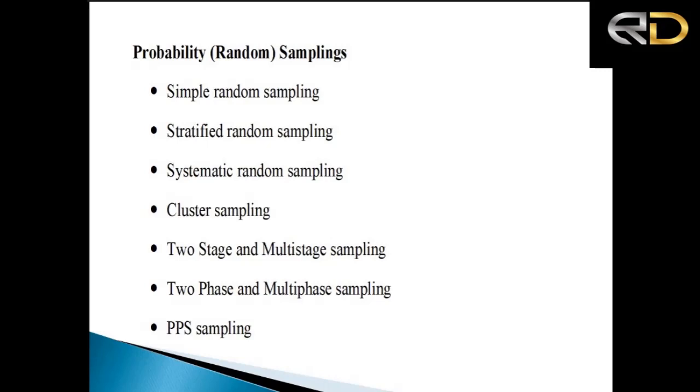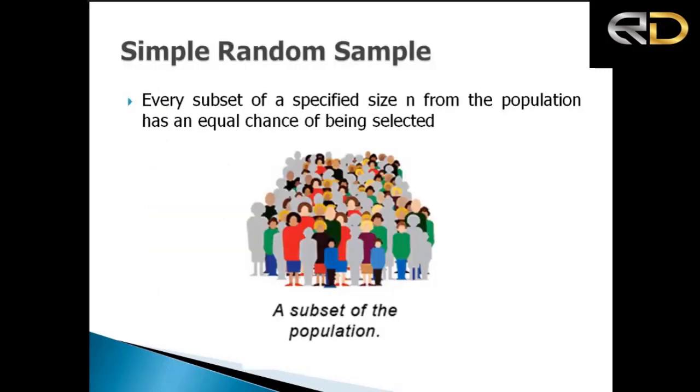So the first one is the simplest one, that is simple random sampling. When is this sampling applied for the estimation of the parameters under consideration? Whenever the population is homogeneous for the characteristic under study, it means the units have almost similar values for the characteristic under study, then it is supposed to be homogeneous.